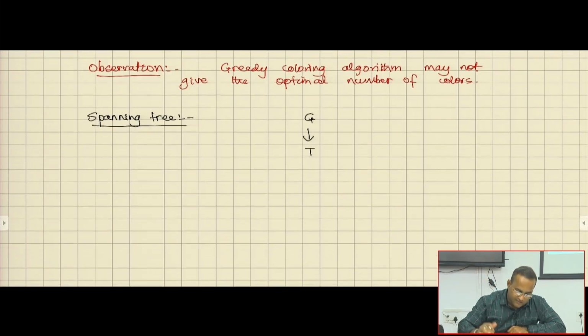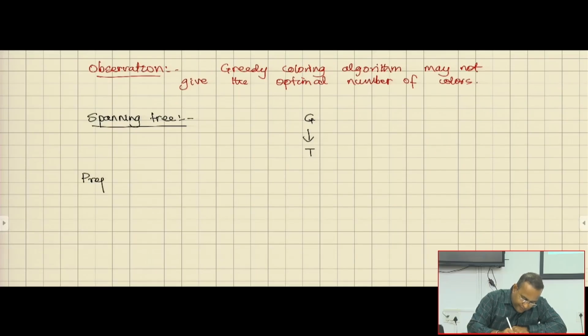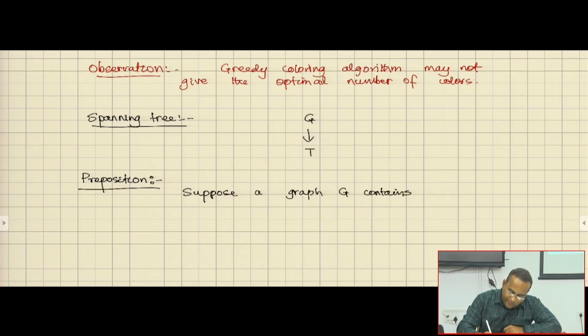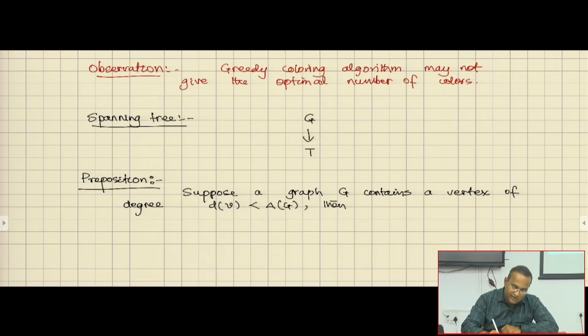So let us try to see one thing. Suppose a graph G contains a vertex of degree dv less than delta G, then what can we say about the chromatic number of the graph?